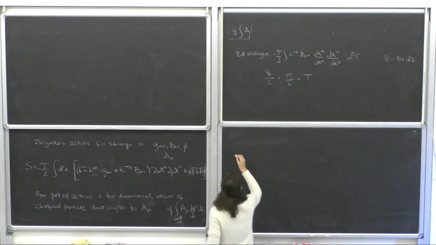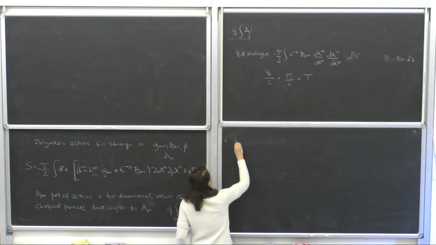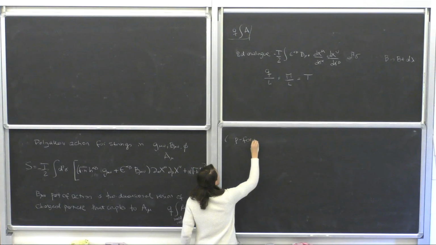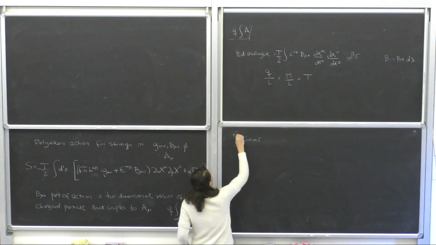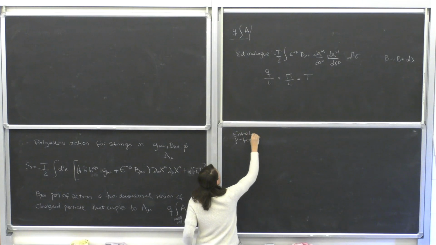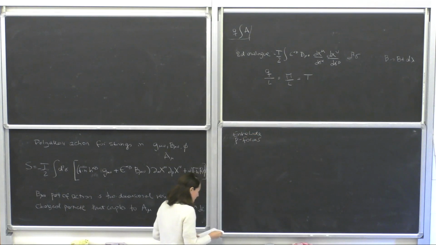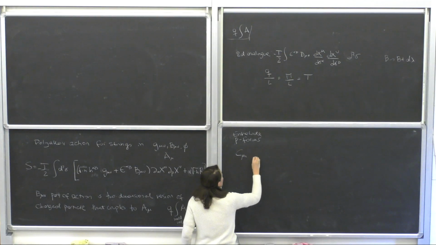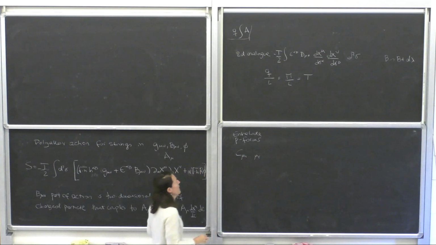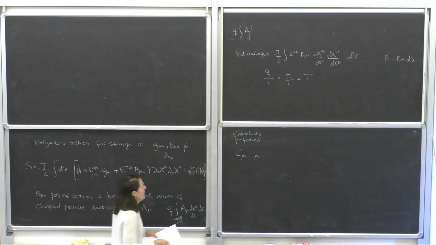So this is a parenthesis, for those of you who don't know about p-forms. A p-form is a tensor, I call it C, that is totally antisymmetric.